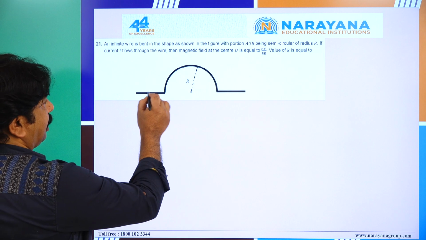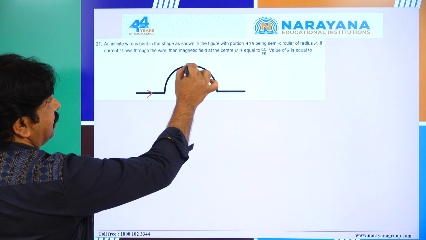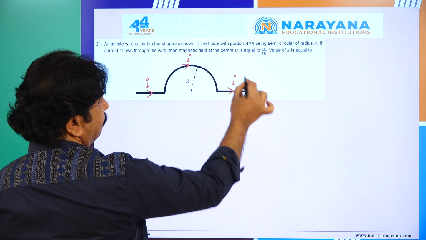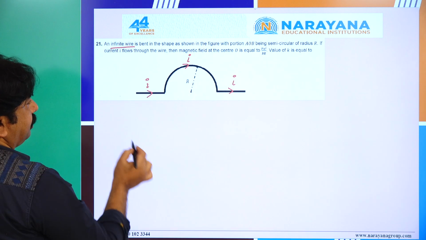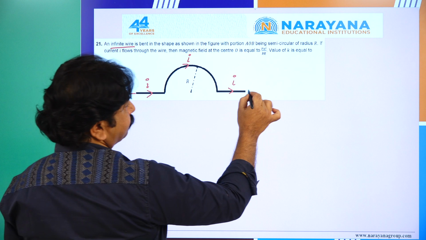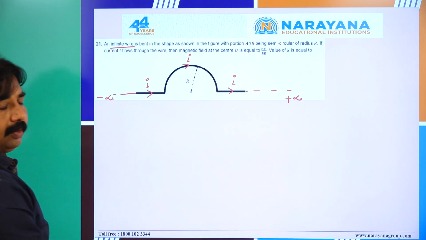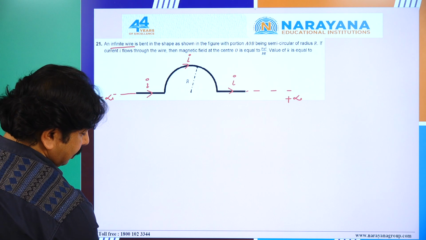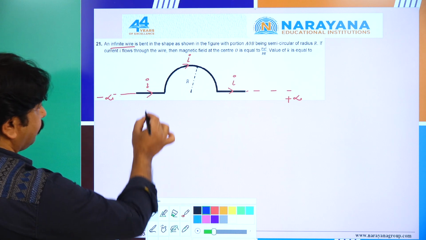Okay, I am considering the current flowing through this one like this. It is an infinite wire, coming from minus infinity and passing through to plus infinity. I am dividing the wire into parts.